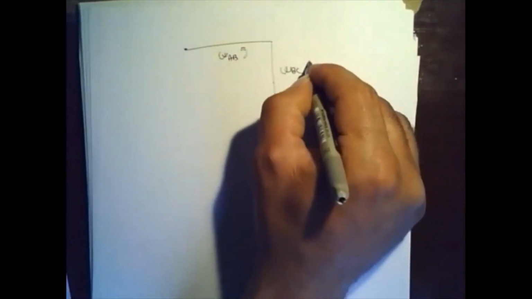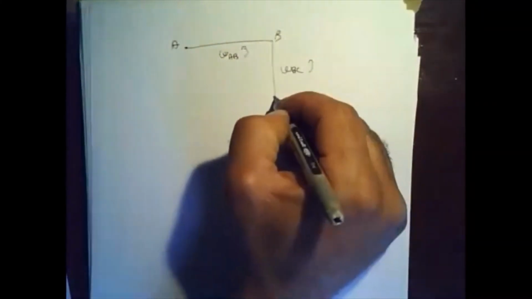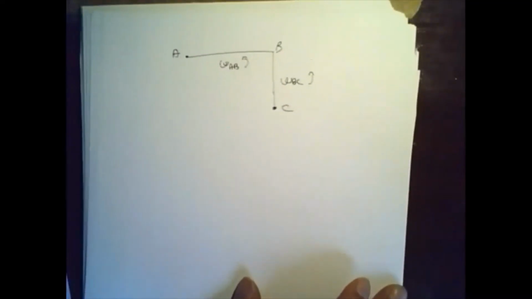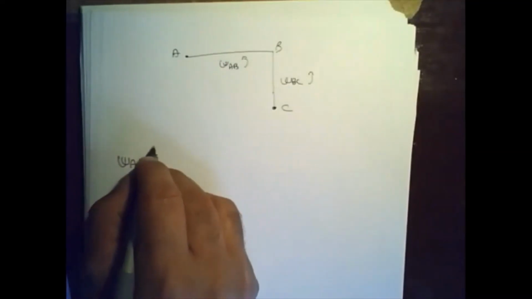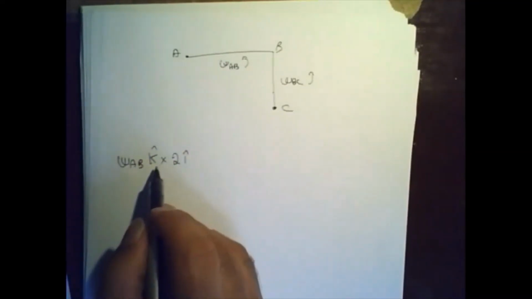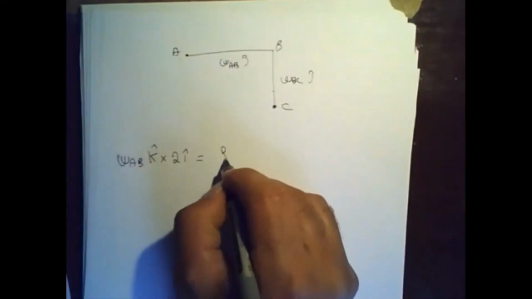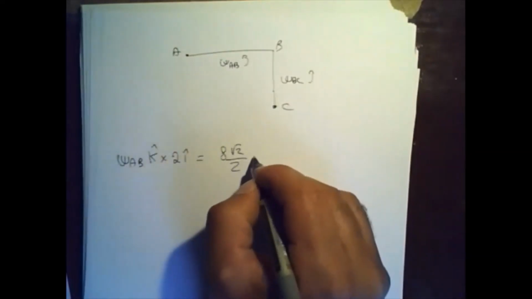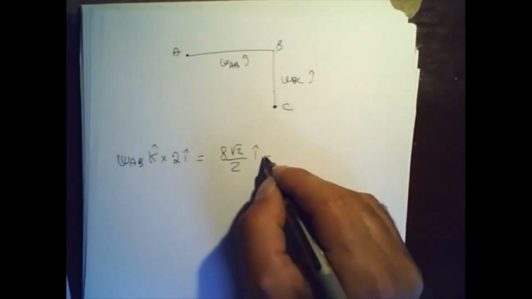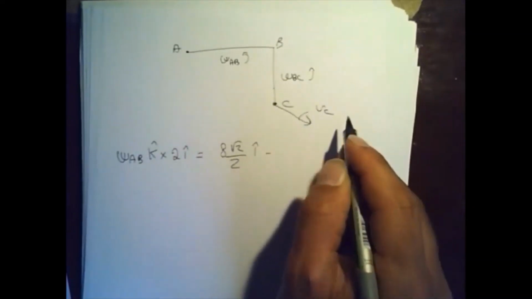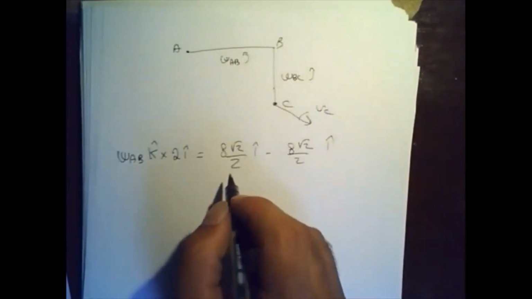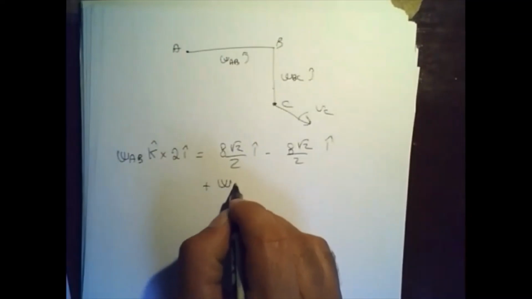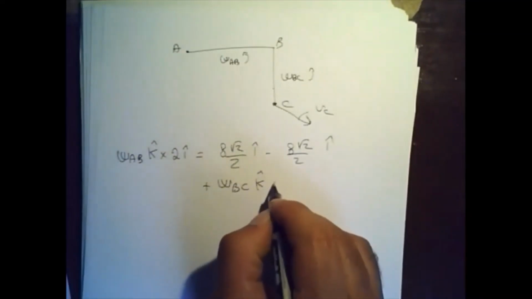We assumed this one was like that, and this one was like that, and then points A, B, and C. And ultimately we had omega AB K cross 2I equal to 8 square root of 2 over 2, which is cosine 45 degrees in the I direction, because BC was like that, minus 8 square root of 2 over 2 I, plus omega BC K cross 2J.